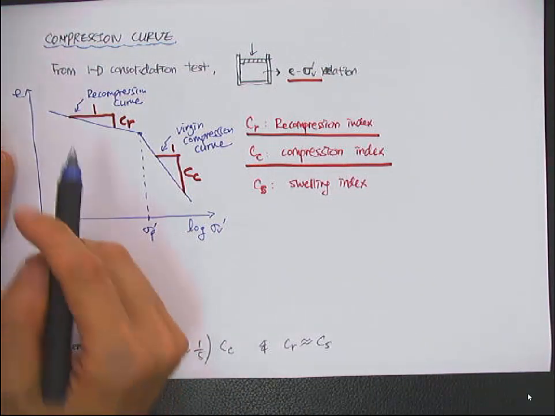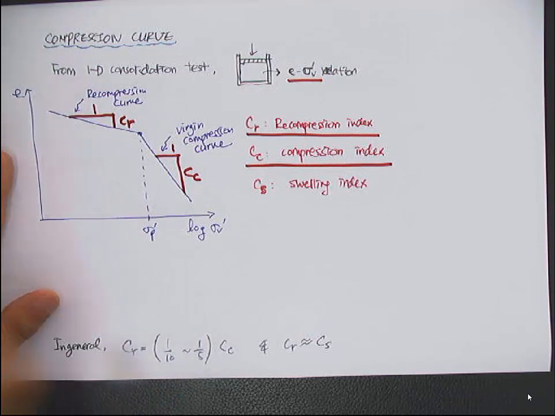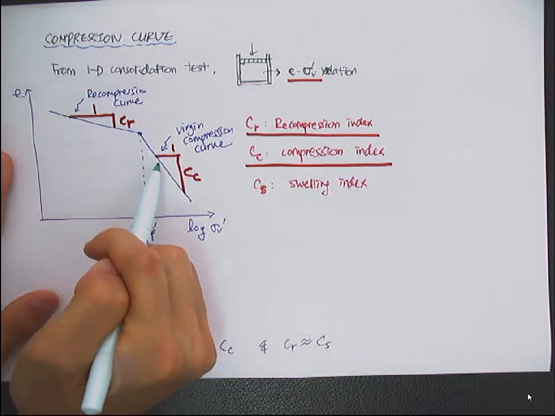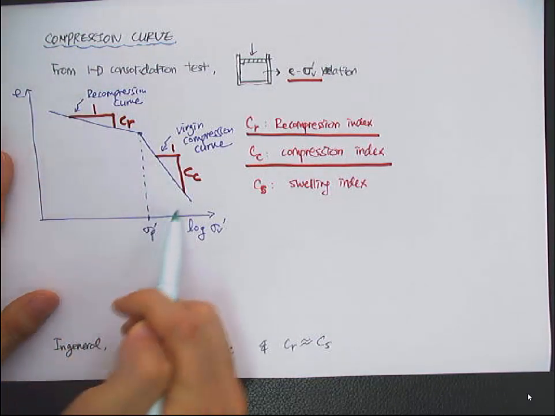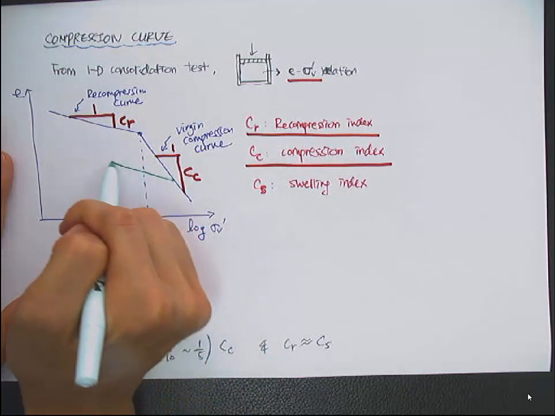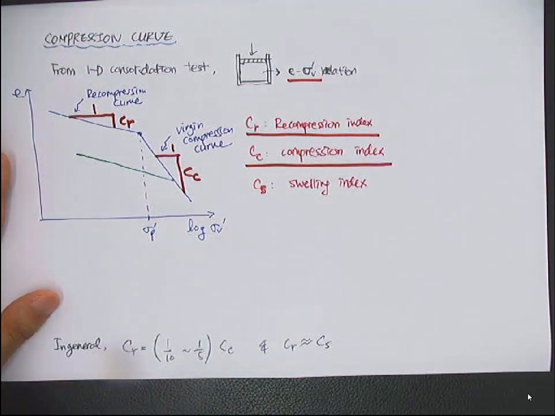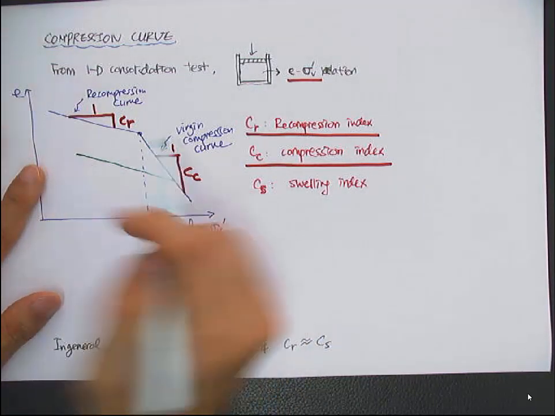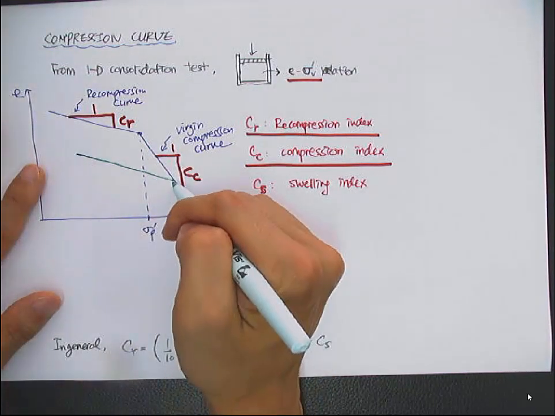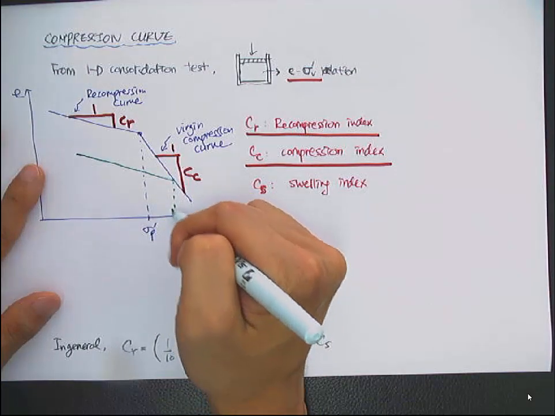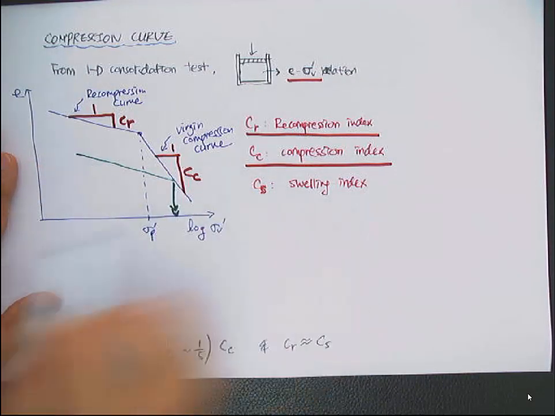And imagine that your current effective stress is somewhere here, and if you unload it or create another curve, it's not going to follow the virgin compression curve, because now the pre-consolidation stress becomes this point. Okay.